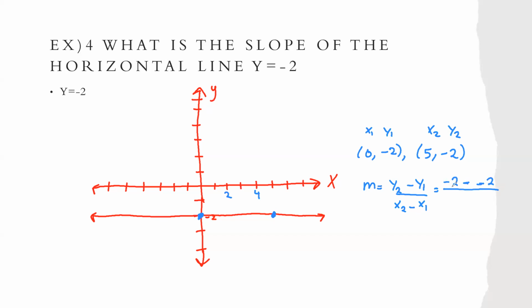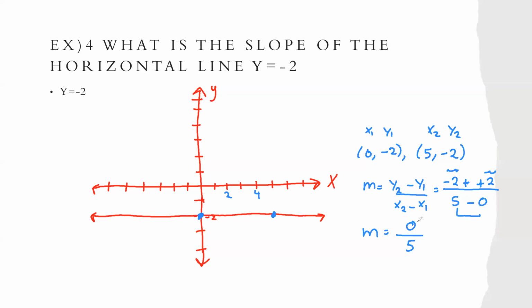On the bottom, x2 is 5 minus x1 is 0. Okay, so if I clean this up, on the top, what happens when you have 2 negatives? It becomes a positive, right? So really, it's -2 plus 2, which is 0. And then on the bottom, 5 minus 0 is 5.